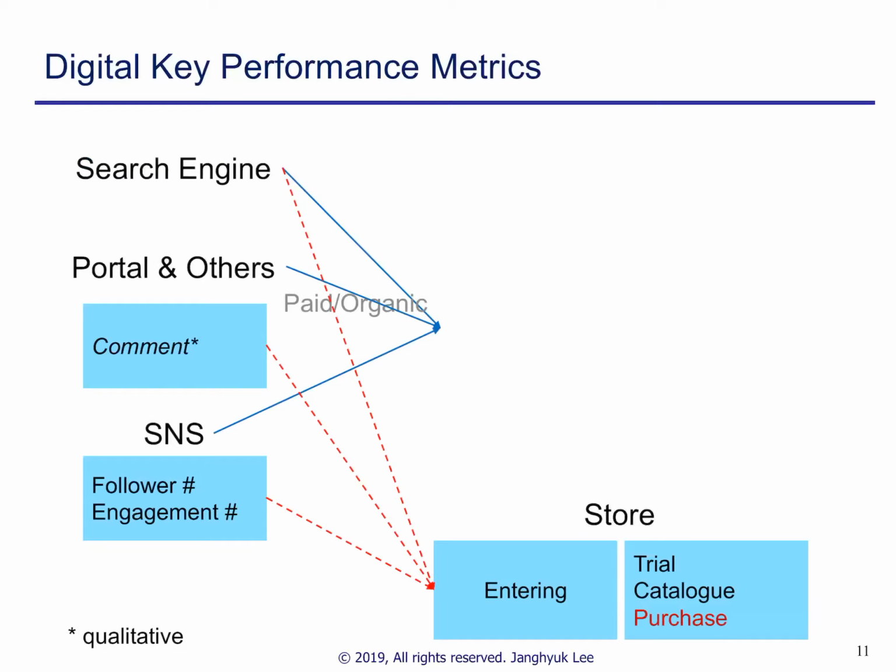However, in digital, online, we can check the source of visitors, for example, who are coming from search engines, who are coming from portals and other websites, who are coming from social network services. And each kind of incoming path source has different types of indicators.